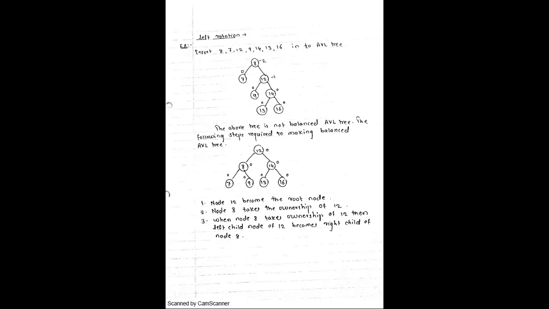Now what will be the change? 9 is attached to the right of the 8. Previously it was attached to the left of the 12. Where will it go now? Right of the 8, right? So when node 8 takes the ownership of 12, the left child of the 12 becomes the right child of the 8. So this is called a left rotation.